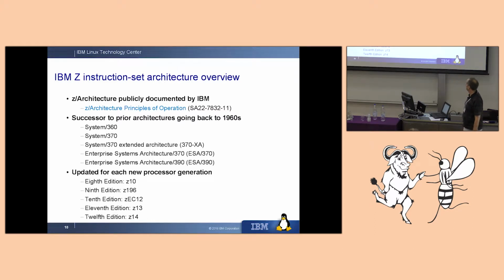There is the Principles of Operation, which is the manual, a big book. It's available. It actually has a history going back to the 1960s, and it's still compatible to back then. We don't support the very old stuff, but as I said, in LLVM we support everything starting from C10 up to the latest and greatest C14 processor.